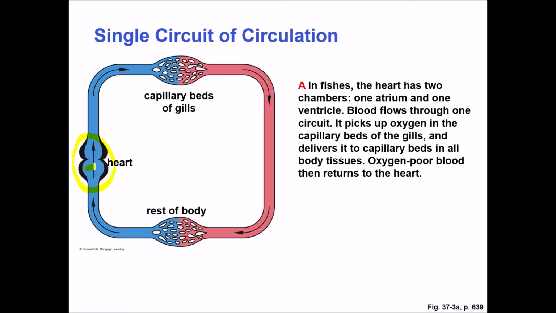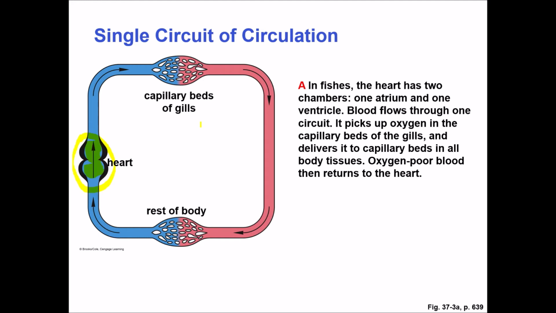The first part will be the atrium, right here, and then we have the ventricle. These two have the function of pumping all the blood to all the body where it's needed. Normally, through the capillary beds of the gills, remember gills, these gills get the oxygen necessary for the blood.